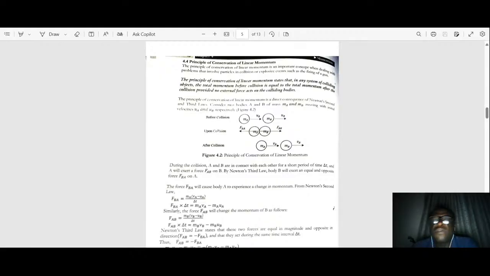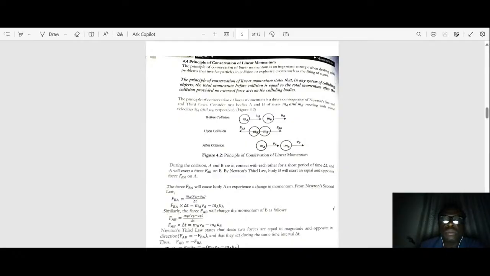But if only momentum is conserved, then we talk about inelastic collision. We know that momentum is the product of mass and velocity, so the momentum before collision must be equal to the momentum after collision. And that is the principle of conservation of linear momentum.